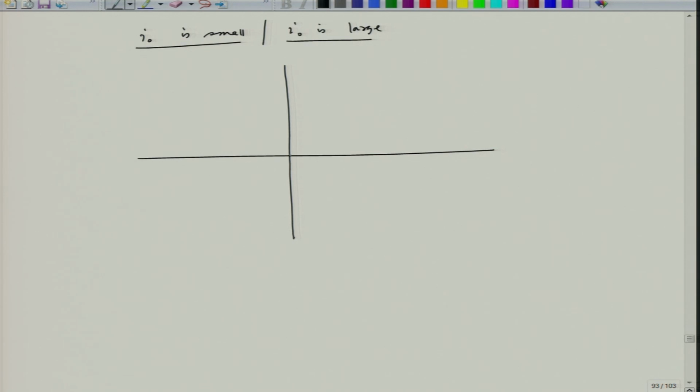In one case I 0 is small, so the plot will be very steep, and this is I A, this is I C, and these points are I 0 values.